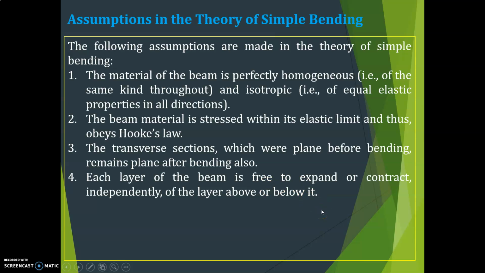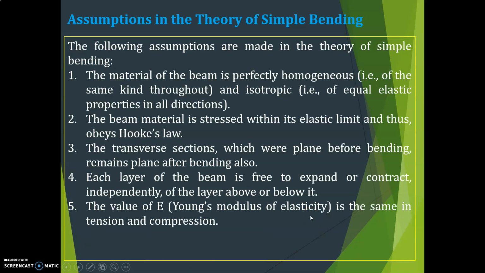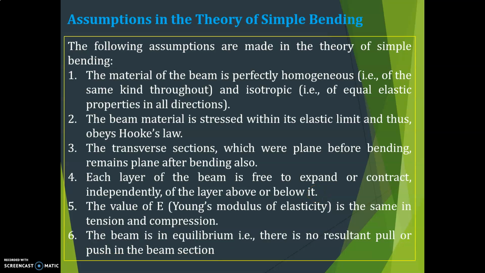The value of E, that is Young's modulus of elasticity, is the same in tension and compression, and the beam is in equilibrium, that is, there is no resultant pull or push in the beam section. So these are some of the assumptions made in the theory of simple bending.